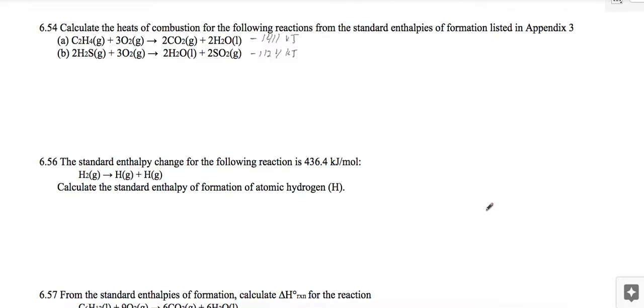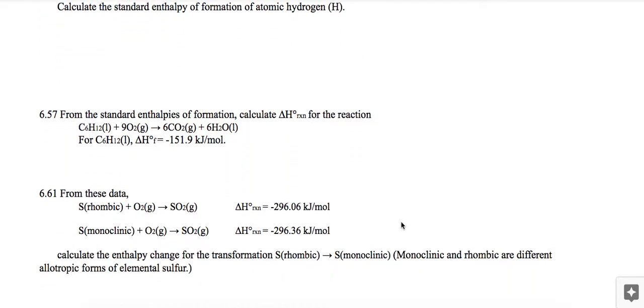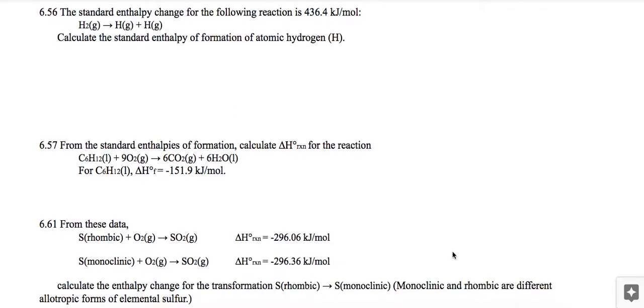Yeah, I do want to add to that one. Negative 3294 kilojoules. For 56, we're solving for a different piece.